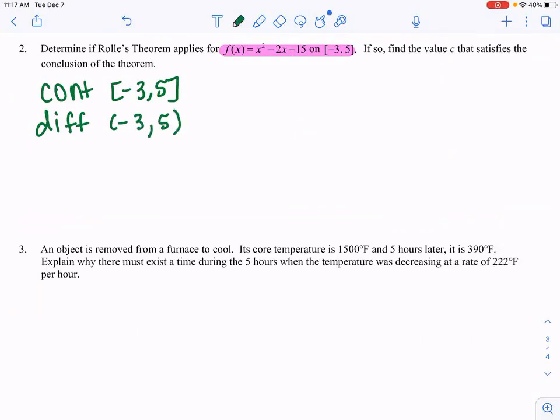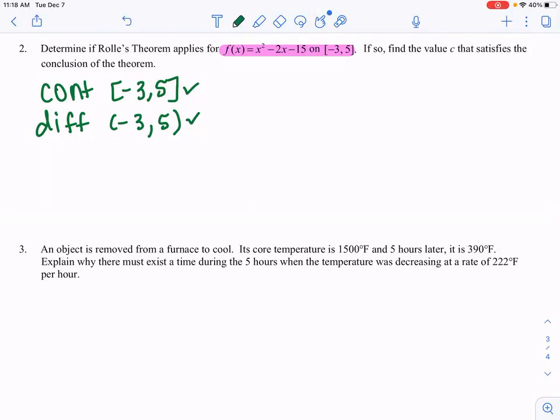Is this polynomial continuous? Is this polynomial differentiable? Okay, where you're going to need to be careful with those is if you have any sort of denominator. Denominators that are 0 will create our function to have poles or asymptotes. In our derivative, denominators that are 0 create not differentiable numbers. Okay, so we're good here.